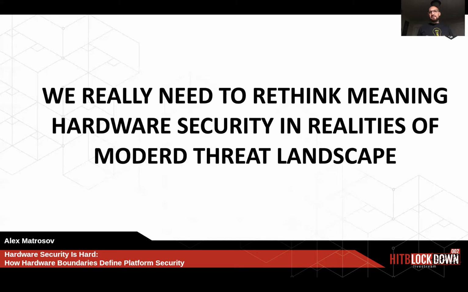We really need to rethink the meaning of hardware security and the realities of the modern threat landscape, because the threat landscape is changing really fast, but our understanding of the threat model sometimes just freezes for years, and we try to think about attacks which are already not very relevant, and we don't have visibility into new attacks which modern attackers can use.